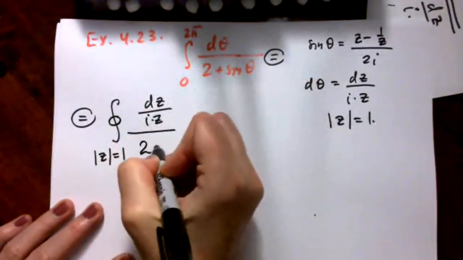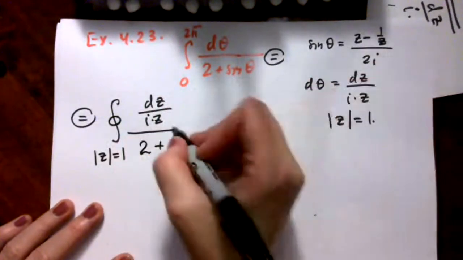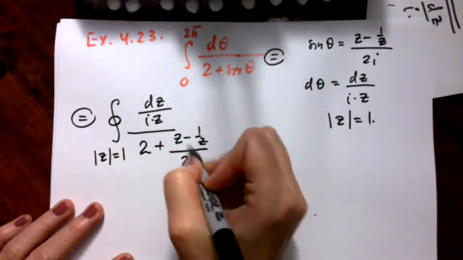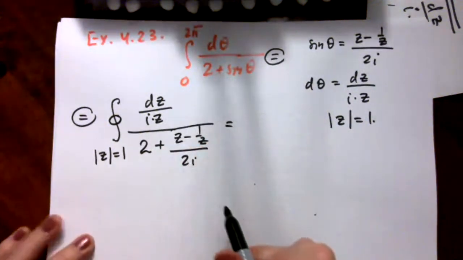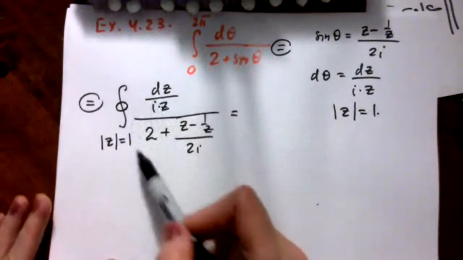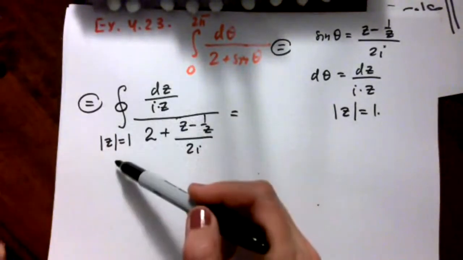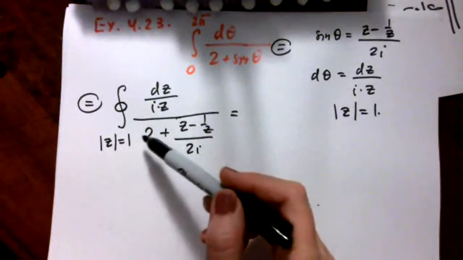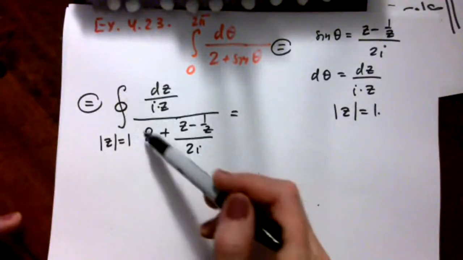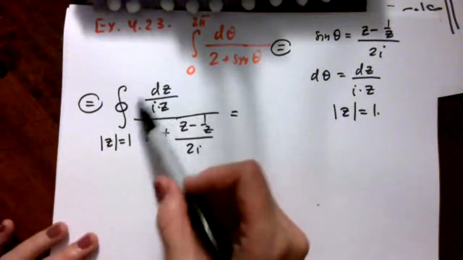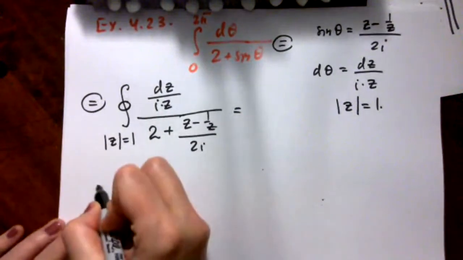And now 2 plus, and instead of sine of theta, I'm going to substitute this guy, z minus 1 divided by z, divided by 2i. And that's it. Now, all that is left for us to do is just to simplify this expression. And finally, we end up having quite a standard task, calculation of a closed contour integral, and our beautiful residue theorem.